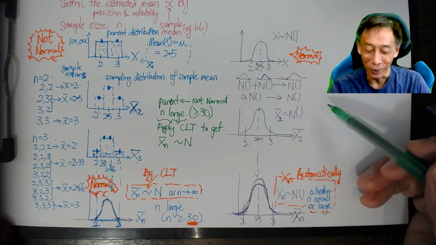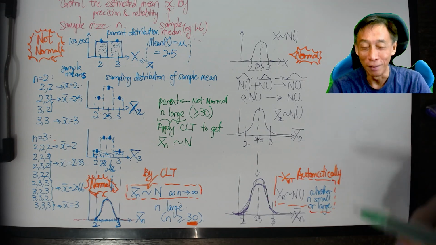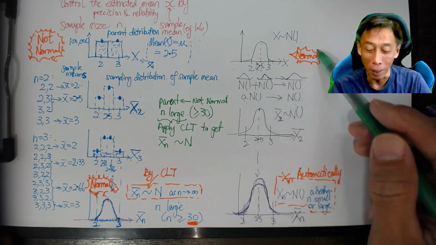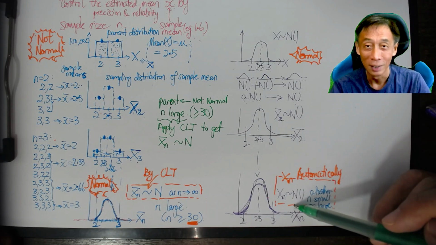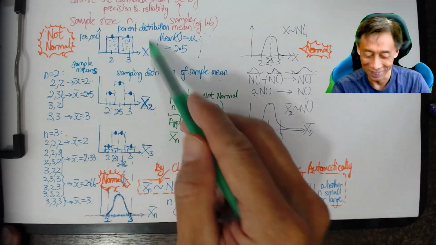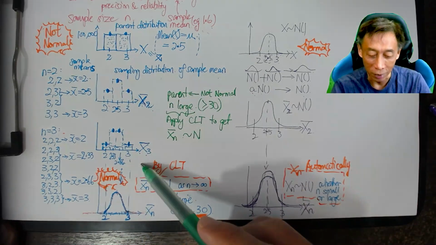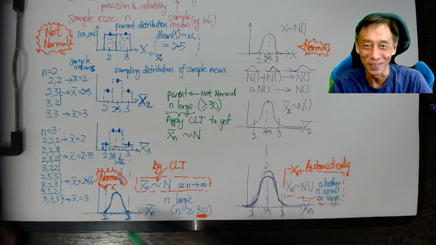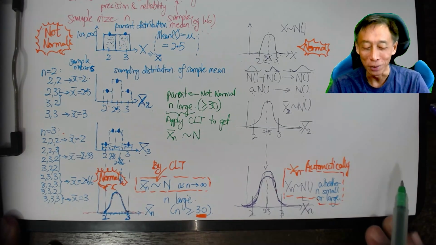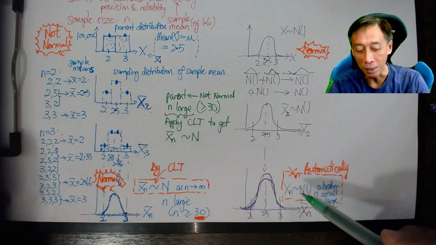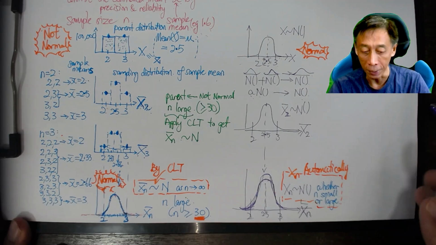An easier way to remember: if normal means beautiful, beautiful parents produce beautiful children. Well, not beautiful parents, ugly parents: if you try hard enough, with a large sample size, you will be able to produce a beautiful child. Of course, it's just a joke to help remember this very real mathematical behavior of sampling.